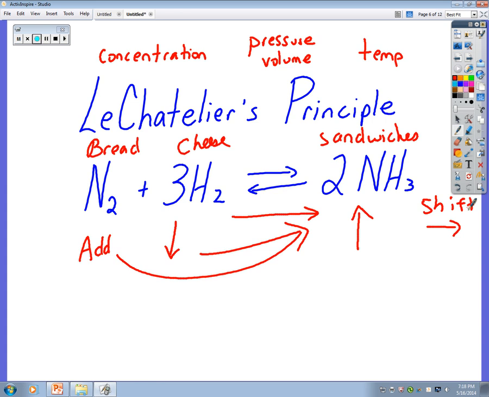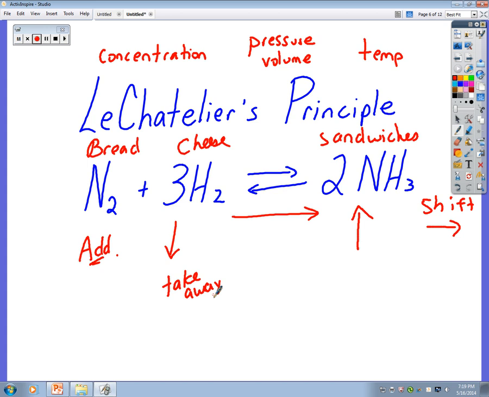And remember, yes, this does go up, but that's physically what I'm doing. I am changing that. I'm saying, what happens if I add N2? Let's try another one. What happens if I take this away? I'm going to take away the cheese. What's going to happen? Well, bread's freaking out. It says, hey, I need more cheese. Hey, sandwiches, break down.